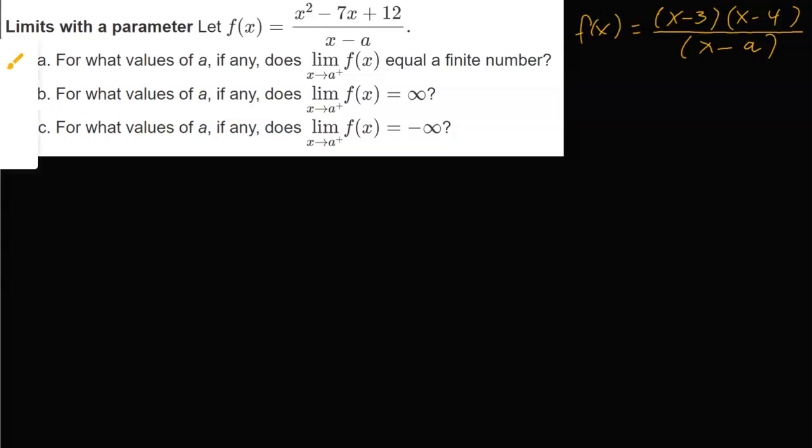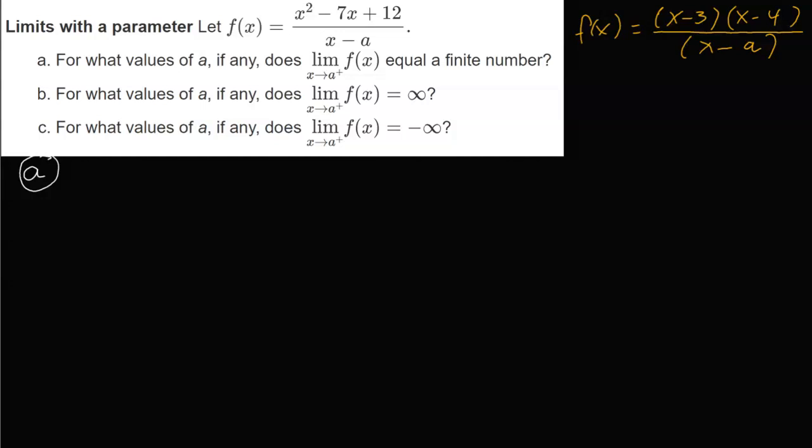In part A, the question is asking what is the value of a that will have the limit as x goes to a from the right being a finite number.